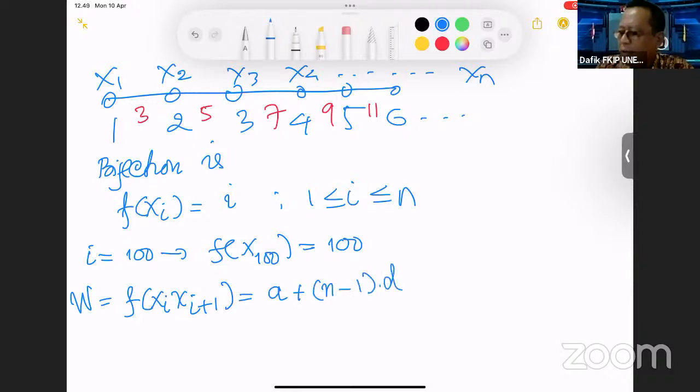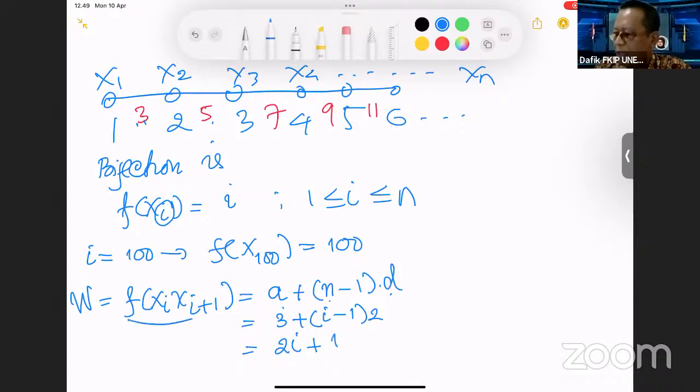B is the difference. A is 3, plus n. We already say n is a representative of i, then we can say i. And d is the difference too. Then we say 2i plus 1.